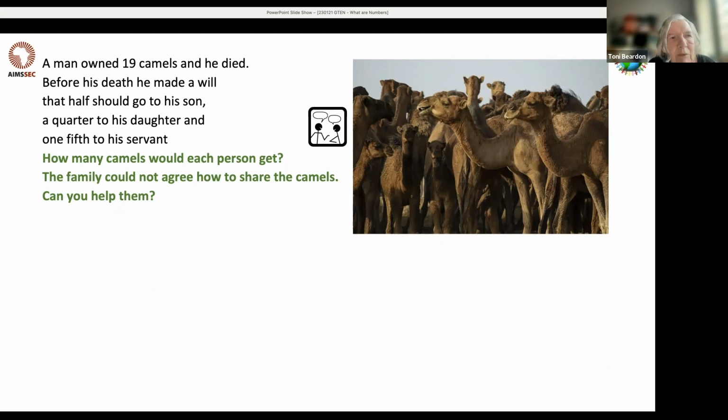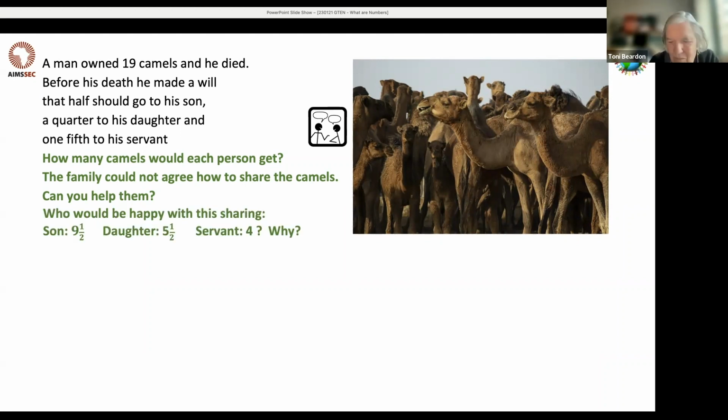Think about the camels. And another answer which was absolutely fine, 4.75: the son would get 9.5, the daughter would get 4.75, and the servant would get 3.8. I think it might be a bit more than 19 there.